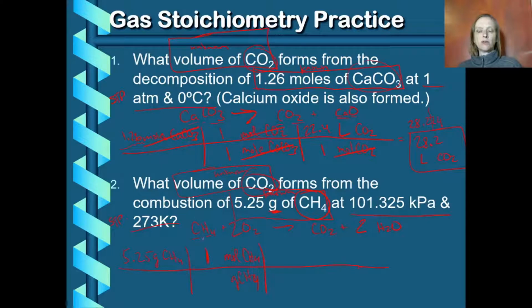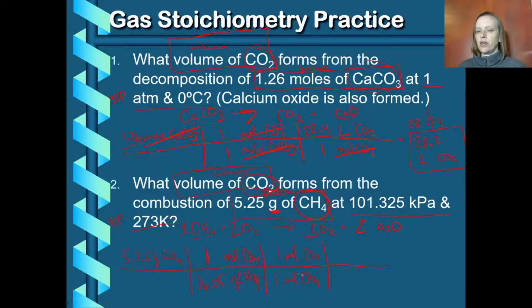1 mole, if I use the periodic table, has a molar mass of 16.05 grams. Then I get rid of my 1 mole of CH4 because there's a 1 here in the balanced equation, and I'm converting to carbon dioxide, which also has a 1 in front of it in the balanced equation.